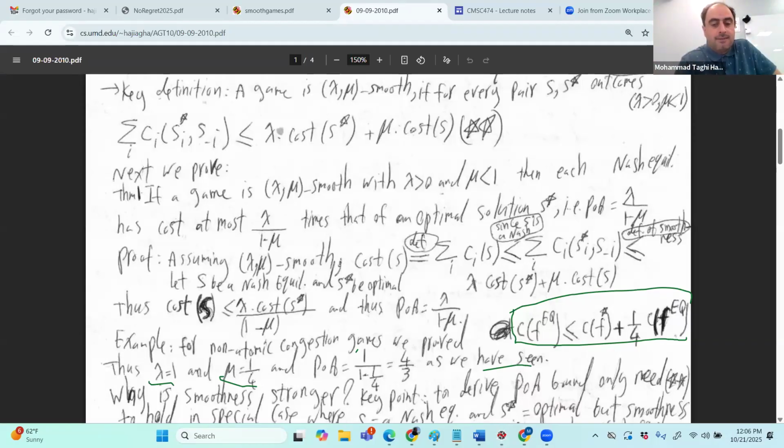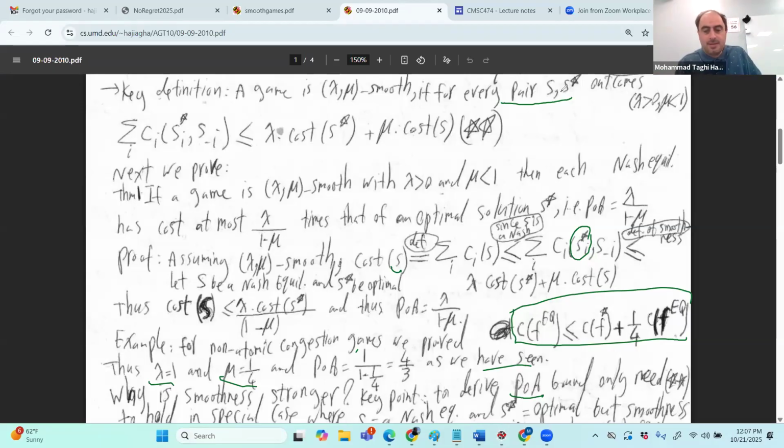When you try to get the price of anarchy, you only need to consider any Nash equilibrium and the optimum solution. You only need this smoothness for an equilibrium and the optimum solution. However, this one actually says more generally that for any pair of S and S star, we should have this property.